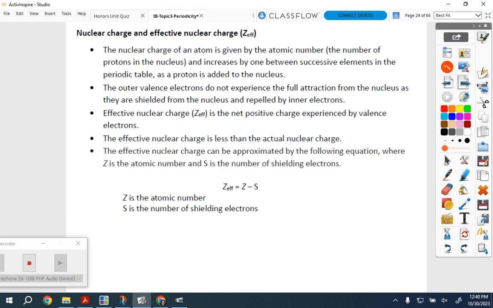So you just need to understand the effect of those core electrons on the effective nuclear charge, that it decreases the effective nuclear charge. Okay? But you could come up with a pretty simplistic calculation by saying we're just going to take the atomic number minus the number of shielding electrons that are in the lower energy levels. And that would give us essentially an effective nuclear charge.